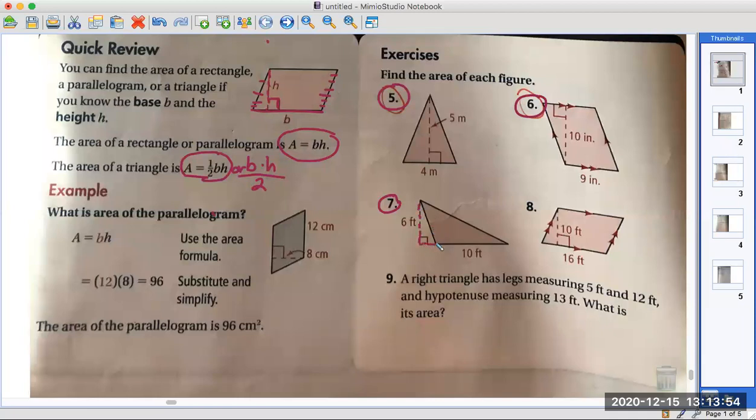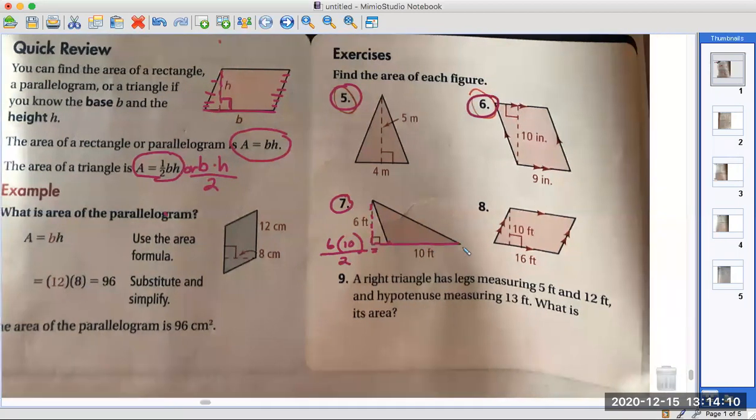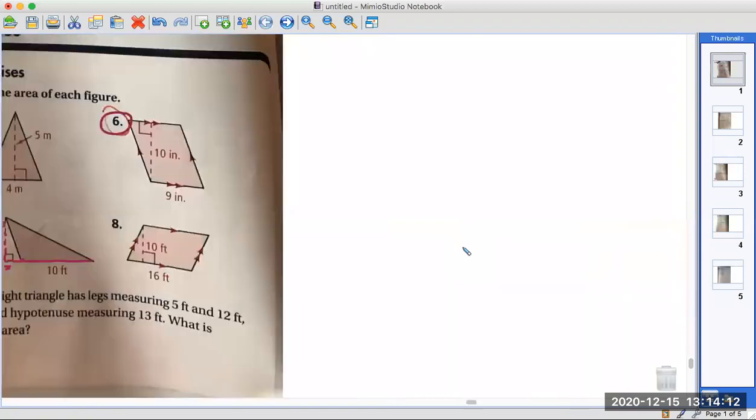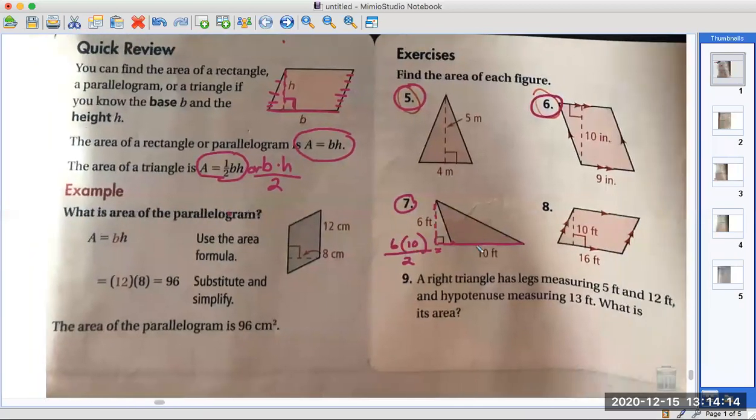So then you have to extend a leg, but the leg starts here, from here to here, but the height is on the outside. It's still 6 times 10 divided by 2. See if you can figure out what that is. And then, so that's that page.